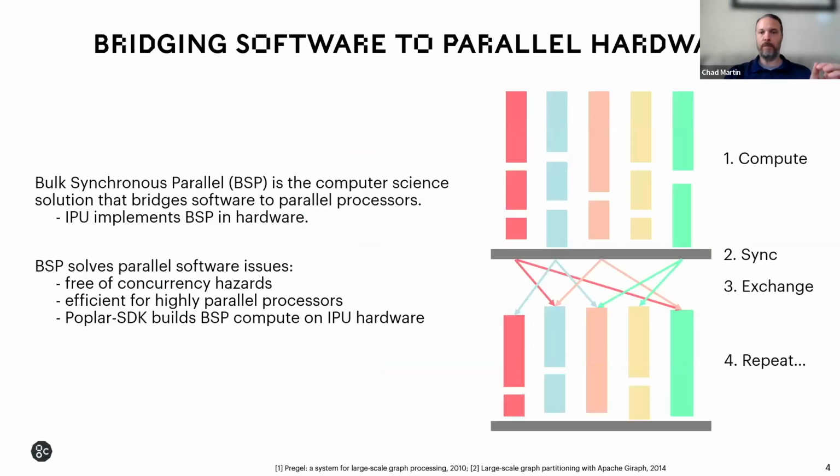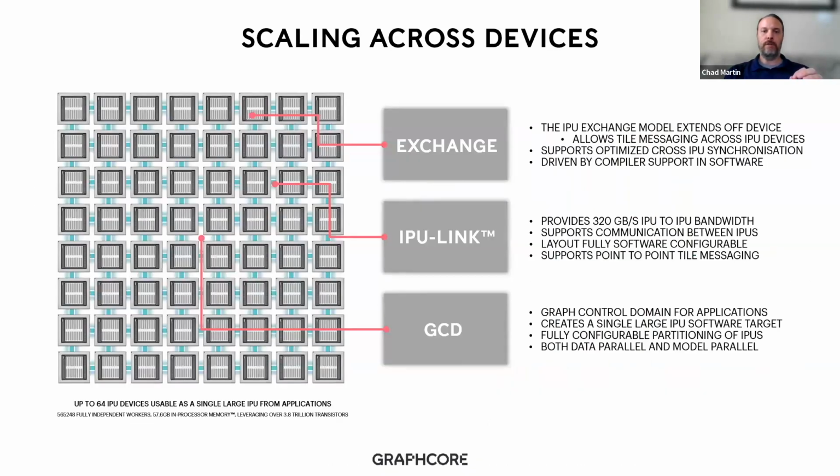So actually, I missed one thing here. Part of the process here is there's a compute and sync and exchange process that's shown over on the right. And the exchange is done through all the links between the chips, what we call our IPU link, that directly attaches them. So it's not going back to the host CPU for any of that exchange.